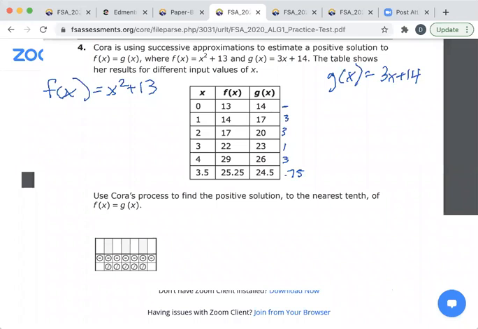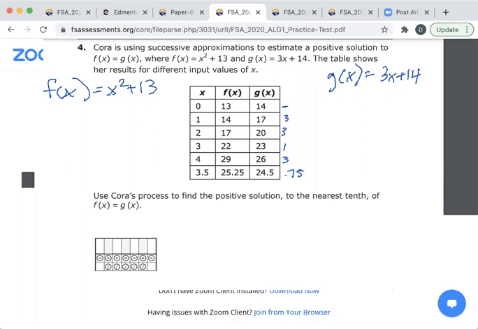So we could either pick a point like 3.6 or 3.7, or we could pick a point below 3.5, which is what I'm going to do, because I'm guessing that it's going to be lower than 3.5, because the closer you get to 4, the bigger the difference is going to be. So if I were to choose 3.3 or 3.2, let's see how that works out.